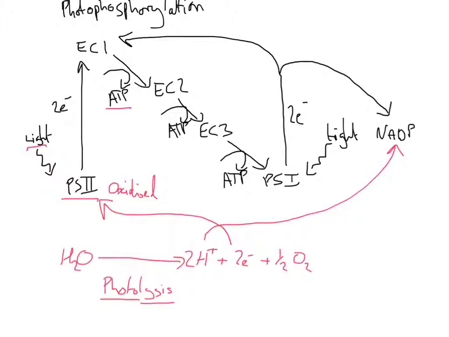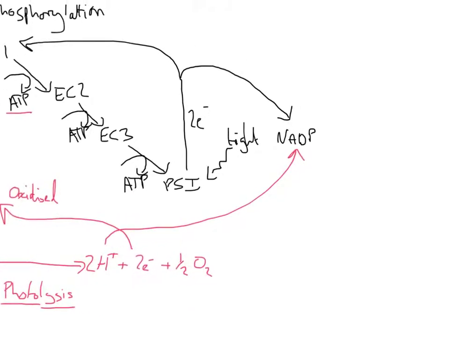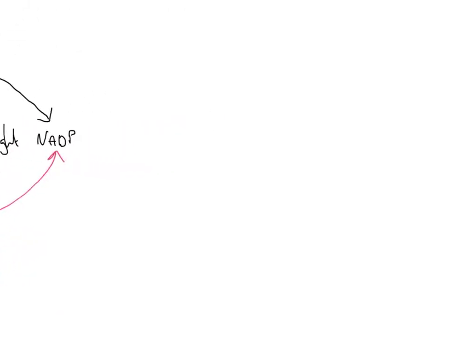And we can now take this reaction a step further. So I'll just write the full equation out. NADP will combine with the 2 hydrogen ions and the 2 electrons, hydrogen ions from photolysis, the electrons from photophosphorylation, and it will produce NADPH2.